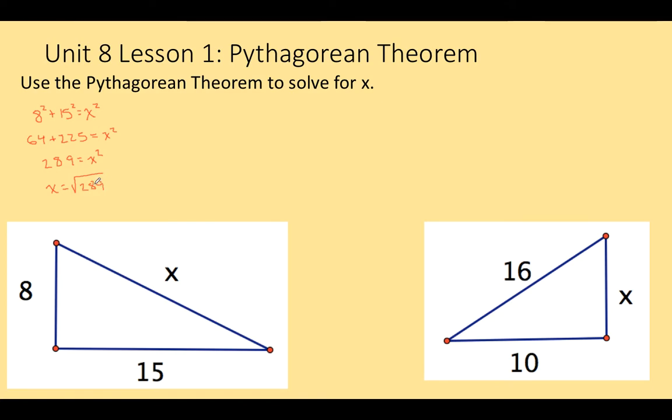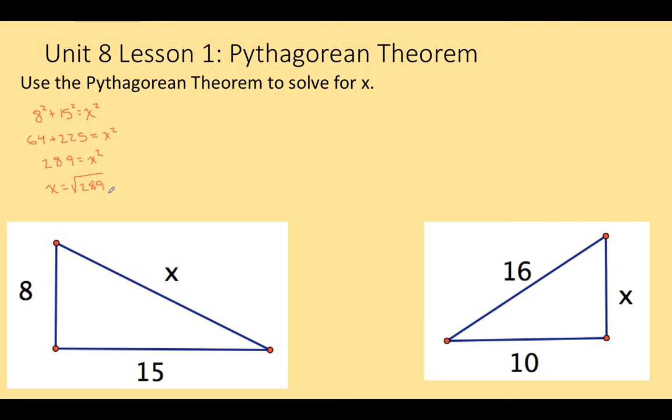Now we told you in the previous day that we want exact square root answers. So we're going to start dividing this through by square factors and see if anything works. So if I divide it by 4, nope, I get a decimal. Take 289, divide it by 9, nope, still a decimal. 289 divided by 16, still a decimal. 289 divided by 25 certainly wouldn't work.